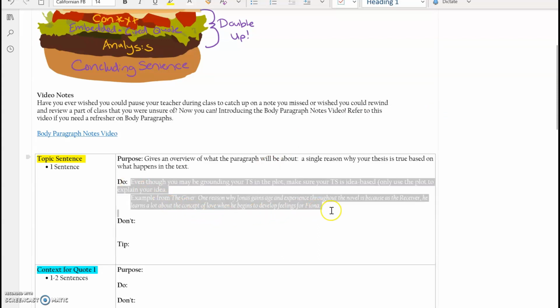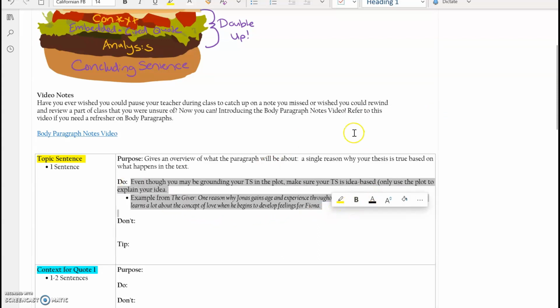So for our do's, we are going to make sure that we're being idea-based. You only use the plot to explain your idea. This is where most of our topic sentence issues come into play, but the more we practice it, the easier it will get. Here's an example from The Giver.